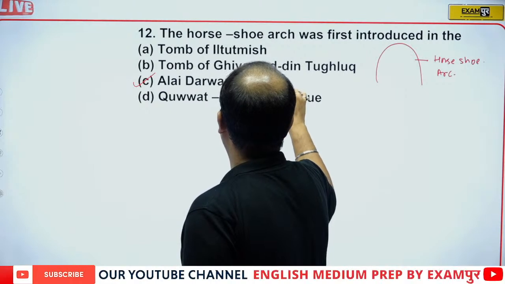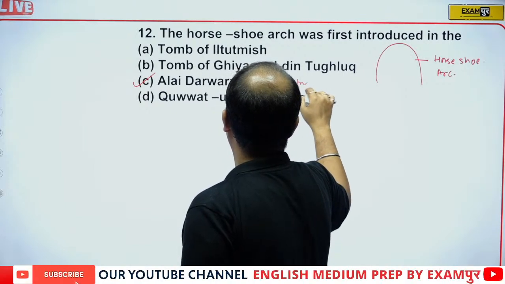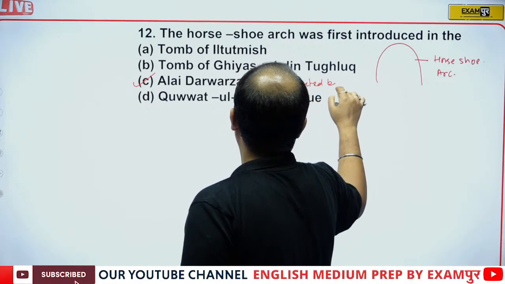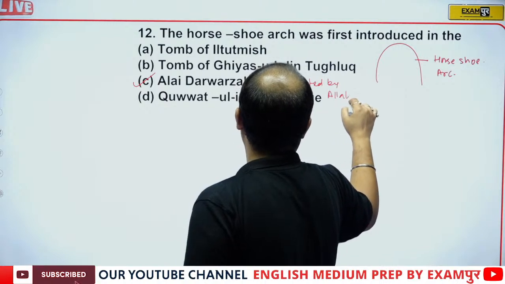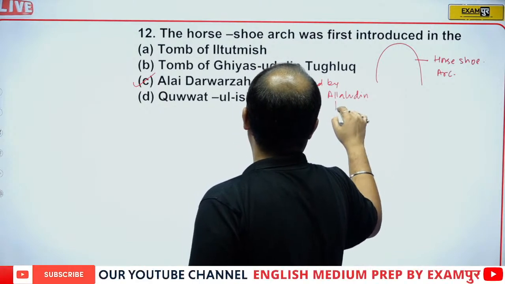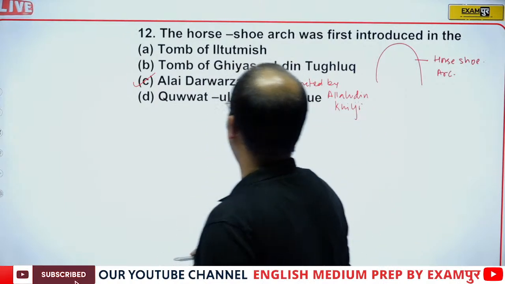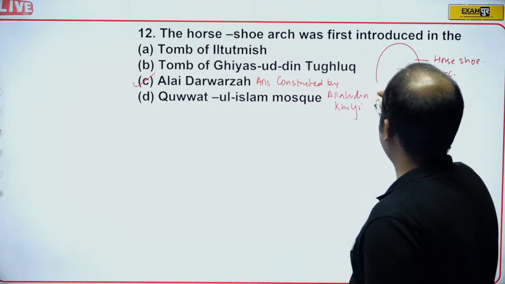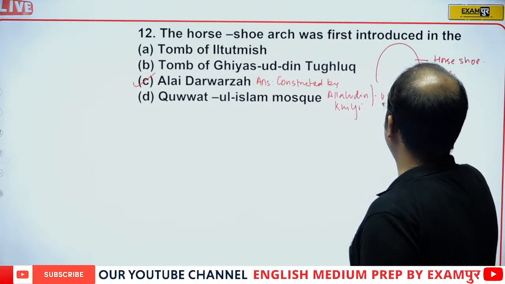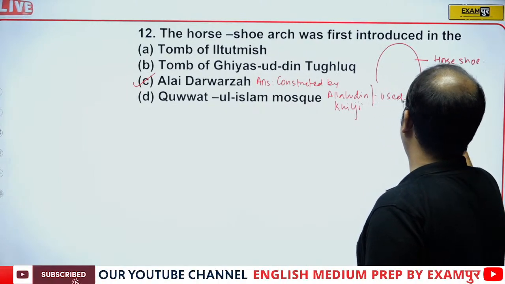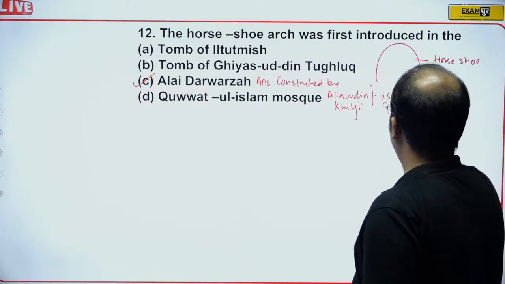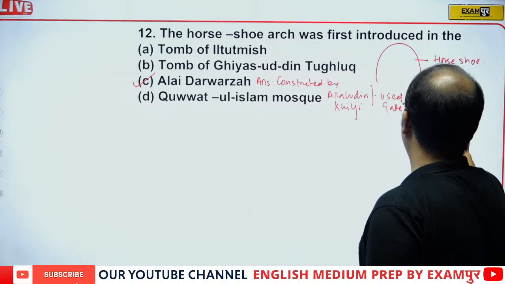Alai Darwaza was constructed by Alauddin Khilji, and it used to be the entrance gate of Qutub Minar.